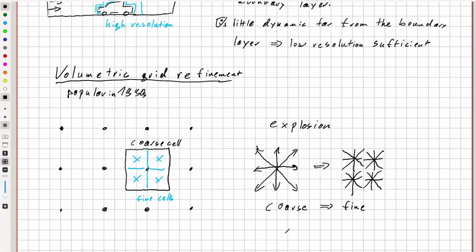What you do is this: Fij fine is simply Fij coarse divided by 4. Divided by 4 because I've drawn it in 2D. So obviously, when you're doing this in 3D, you would divide it by 8.